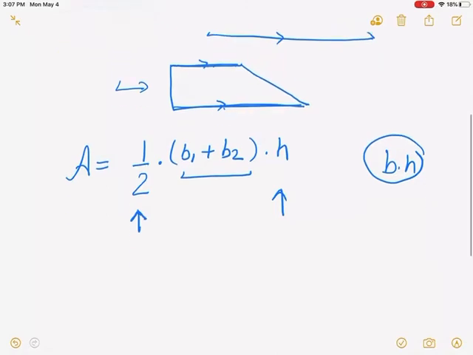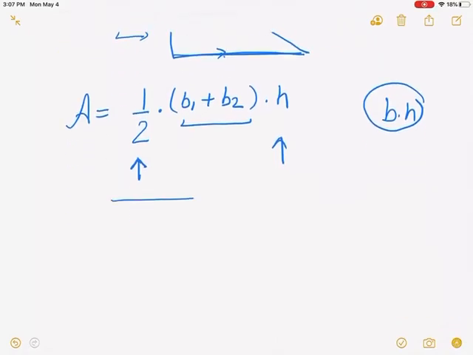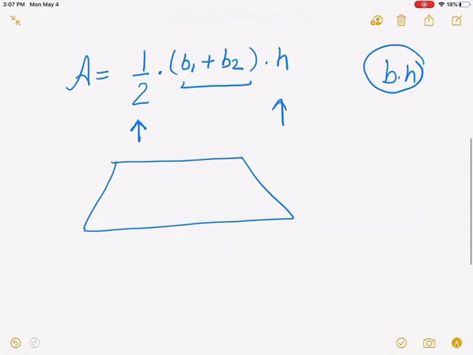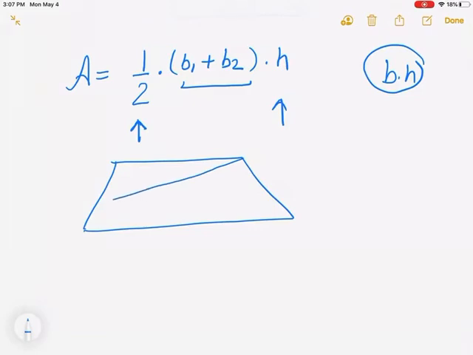So think about this. Normally, a trapezoid looks like this. Pretend I cut this piece here, take this whole slice and place it here.